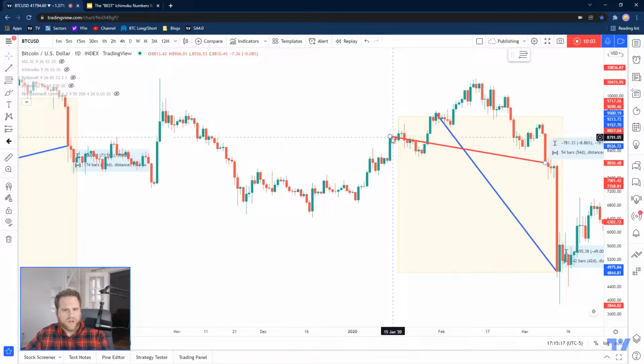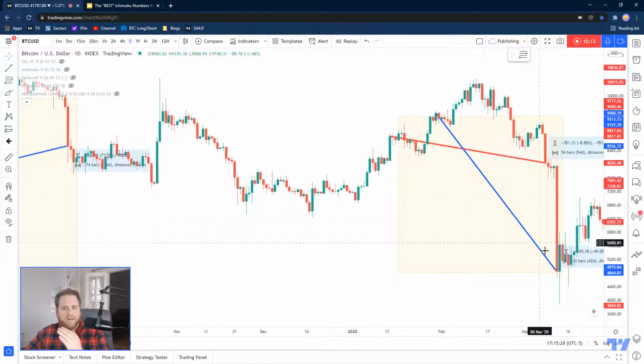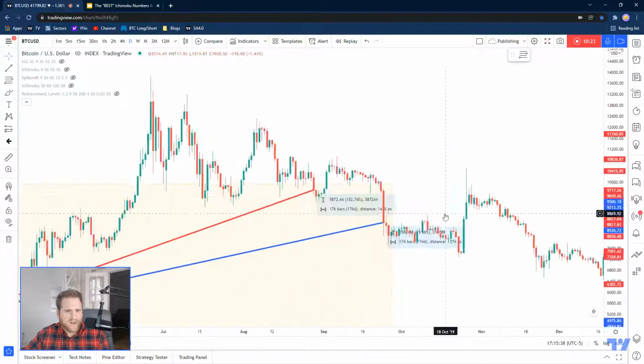In this bullish run right here, it got you into the trade sooner and out of the trade sooner, whereas the improved got you into the trade later and out of the trade later. So there's a big difference in performance right there between the red, which is the legacy settings, and the blue, which is the cryptocurrency settings.